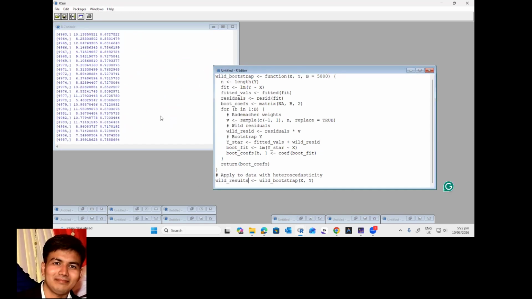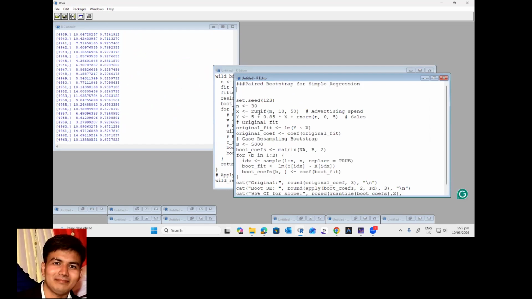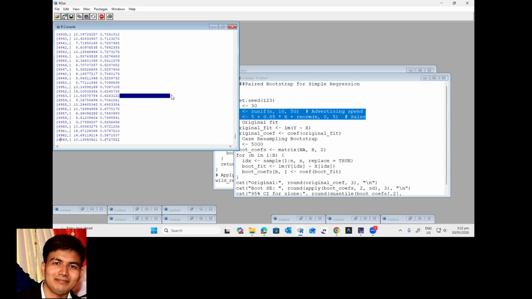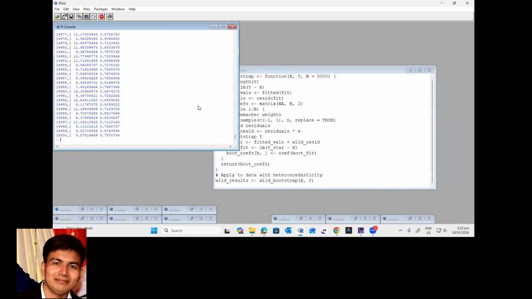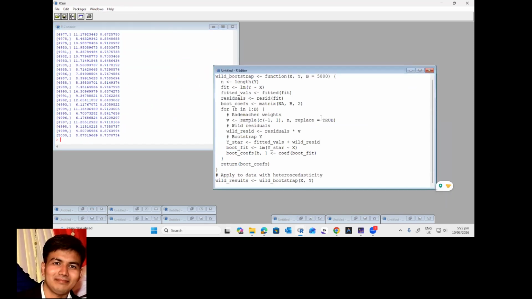These are the results that we took for the first problem of our simple regression, x and y. So these are the wild bootstrap results for our first problem. All right, do you have any doubt in this one?